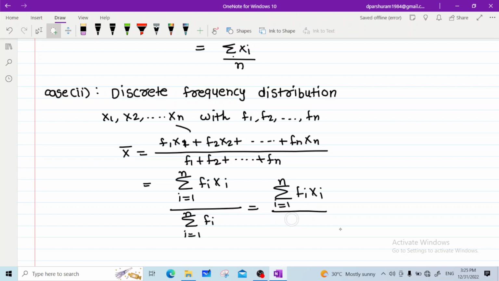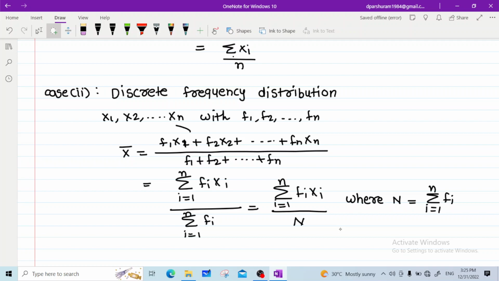This summation in denominator is denoted by capital N, where N is equal to summation fi, i going from 1 to n.